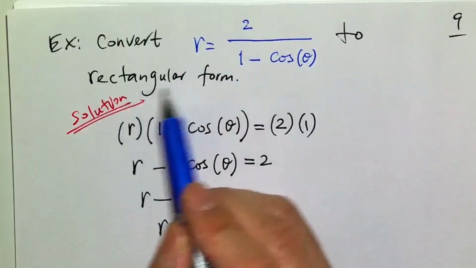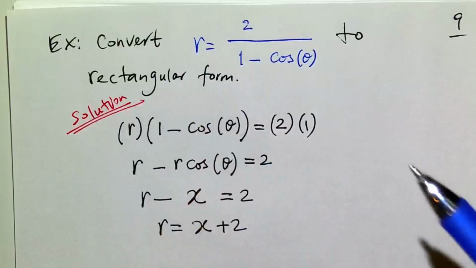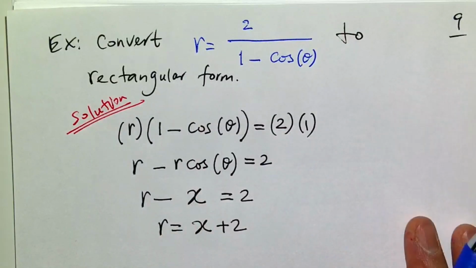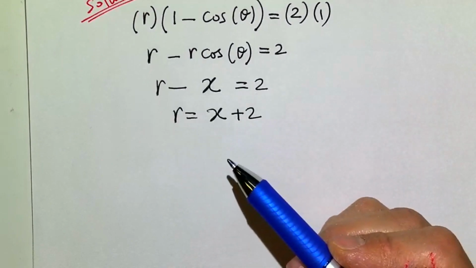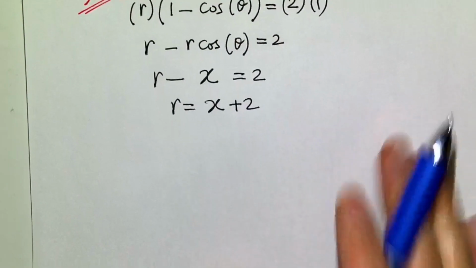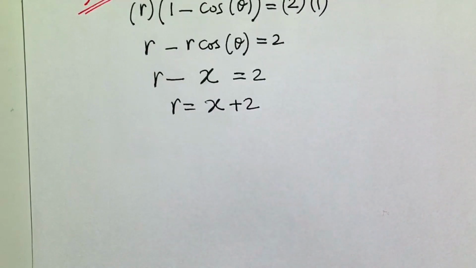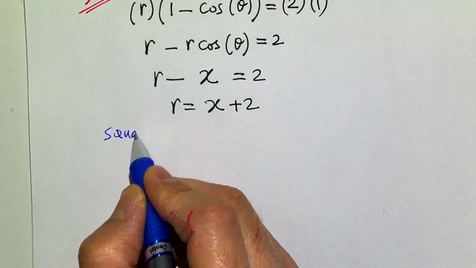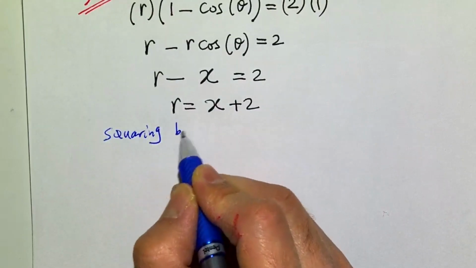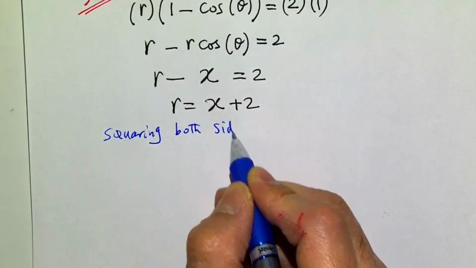Now, if the rectangular form does not have square roots in it, we would prefer that. So because of that, let's square both sides. Okay, so let's not keep things like this. So squaring both sides.